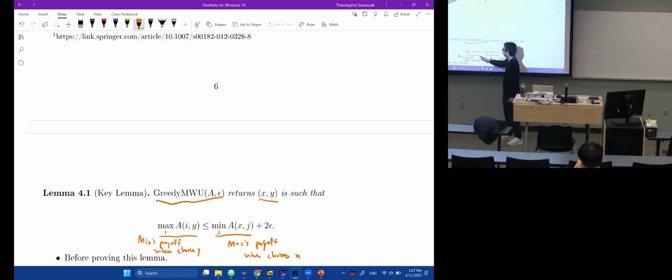So the min payoff when choosing y is smaller than the max payoff when choosing x. So you see, normally when the min player announces the strategy, min is at a disadvantage, and it should be big.